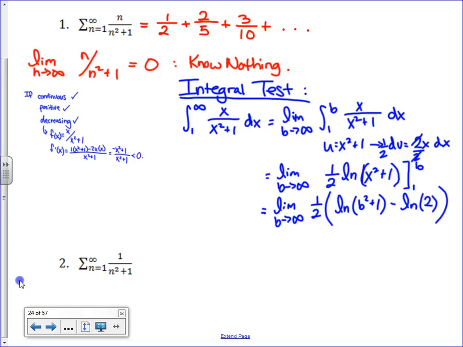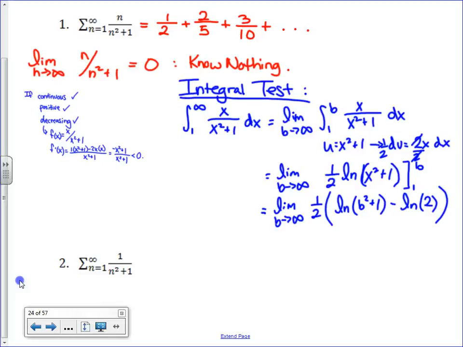Limit as b goes to infinity. Wait a minute. If b is going to infinity, what's ln of infinity going to? Infinity. Is it slow? Yes, but is it increasing? Yeah. Mm-hmm. So therefore, uh-oh.